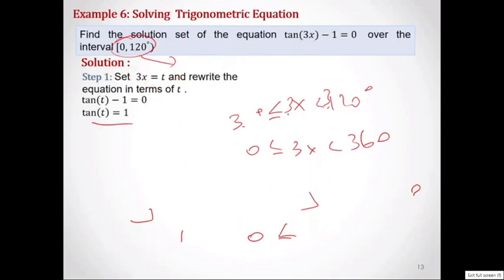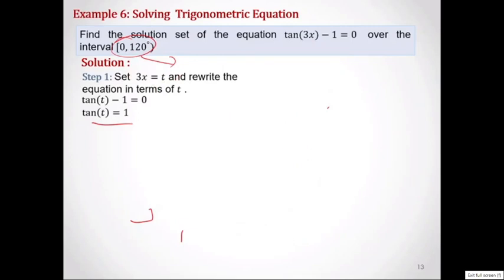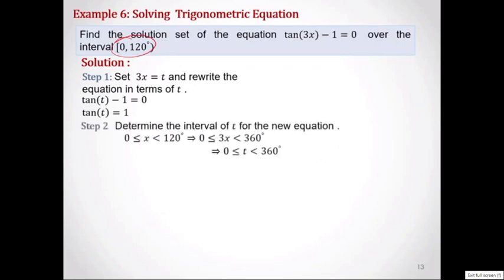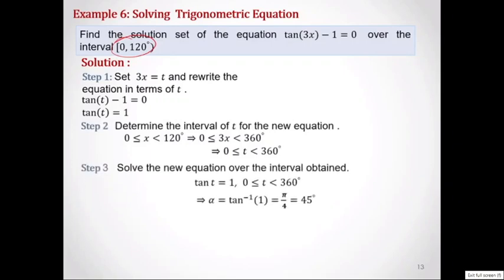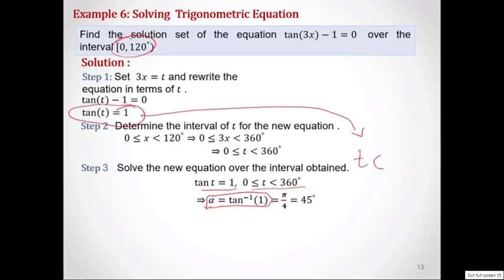Now, tangent t is equal to 1, and t is between 0 and 360. Let's say alpha is the reference angle here. Reference angle alpha, and tangent t is equal to 1. I mean, t is in which quadrant? In quadrant 1 and in quadrant 3, right?